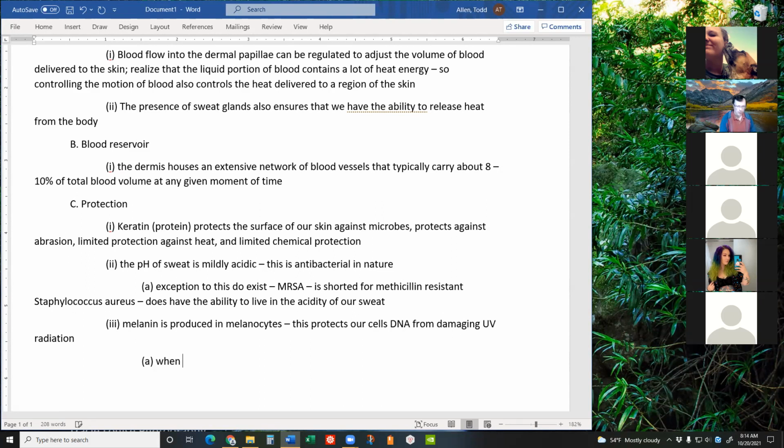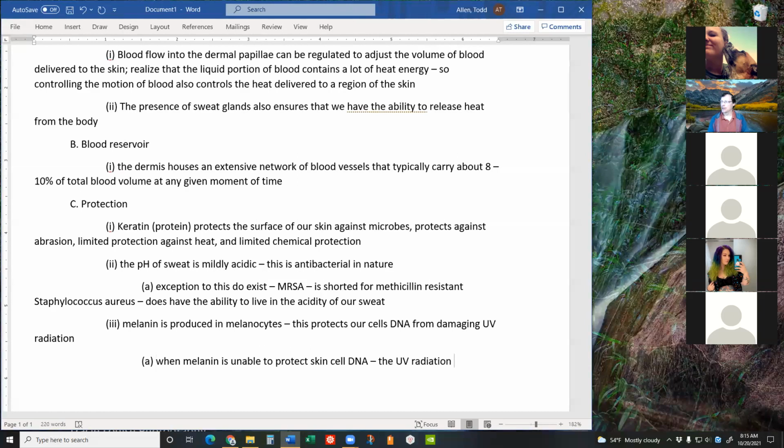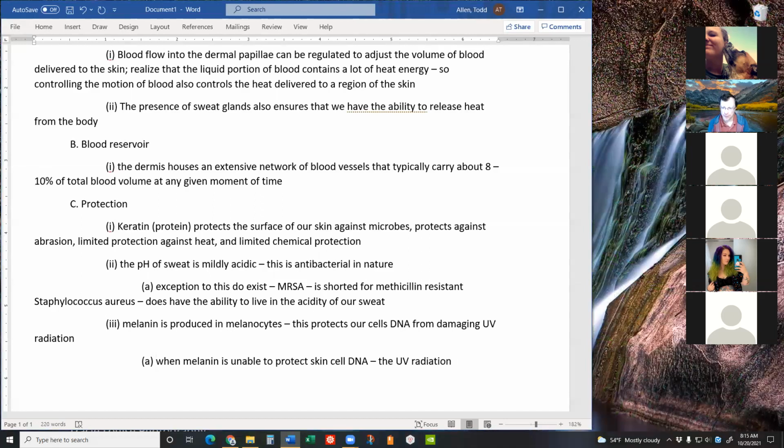When melanin is unable to protect skin cell DNA, the ultraviolet radiation promotes the formation of changes in the structure of our DNA. There's a variety of things that could be said about that, but I'll mention one of them that's famous here.